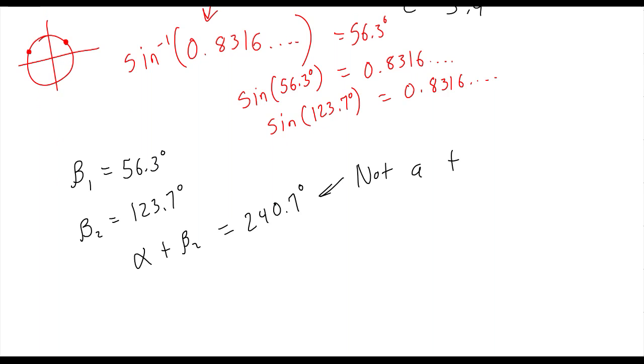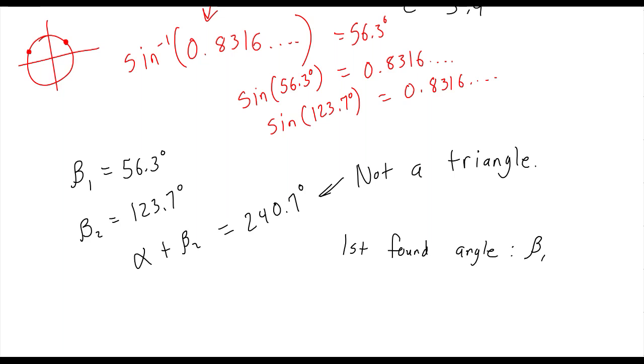So that's what you want to do. Let's recap everything that we want to do. Whenever you have more than one angle to find, the first angle that you find, in this case beta, work it out like normal. We'll call that first angle beta 1.